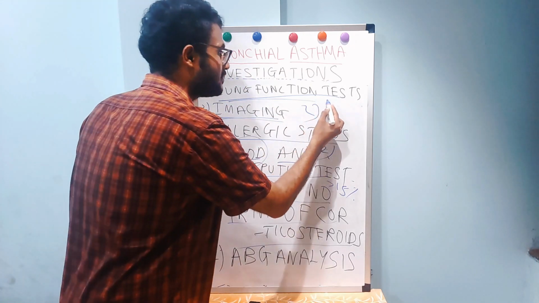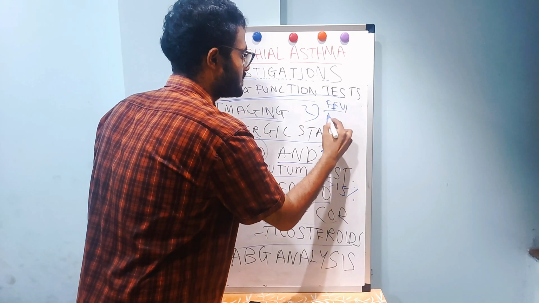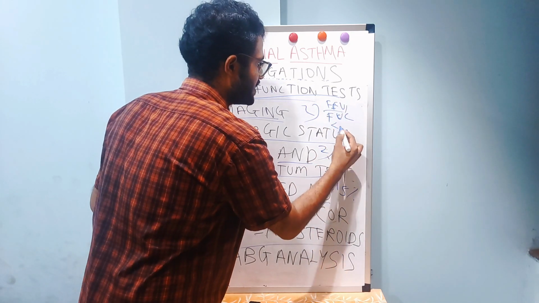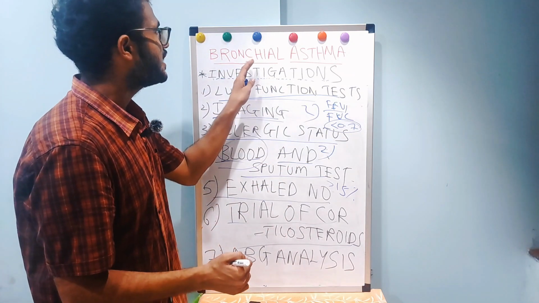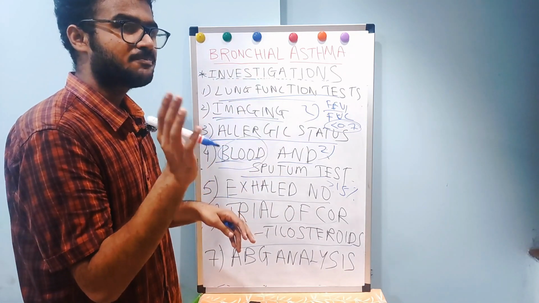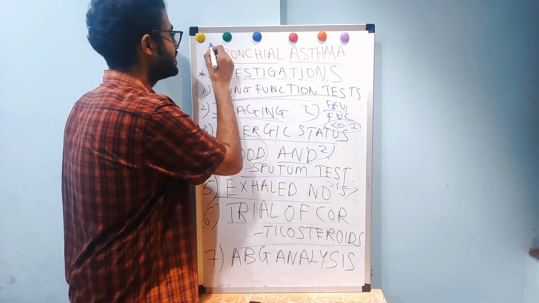Also, I forgot to mention this: FEV1 by FVC ratio is less than 0.7 in this condition. And also the peak expiratory flow rate, PEFR, has greater than 20% diurnal variation.